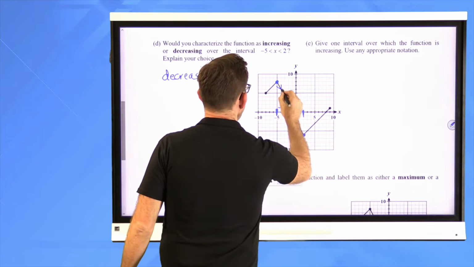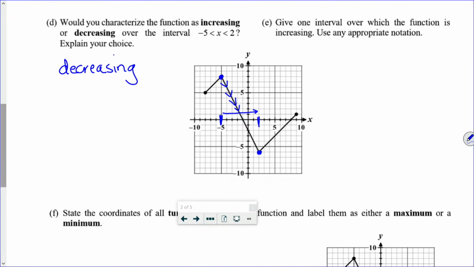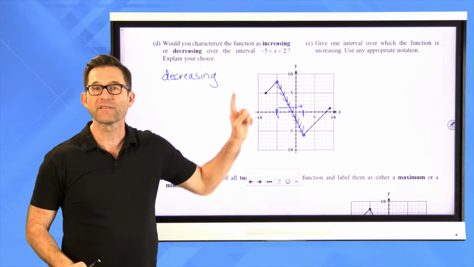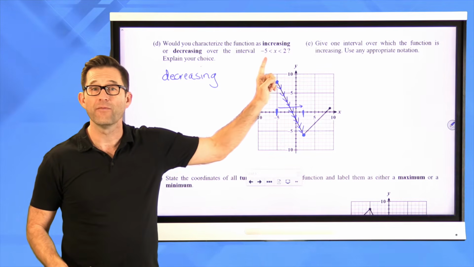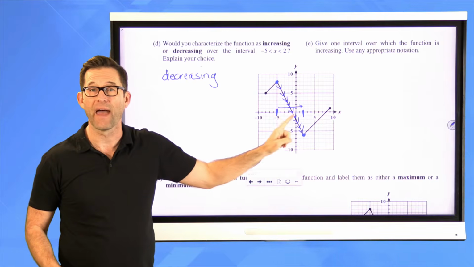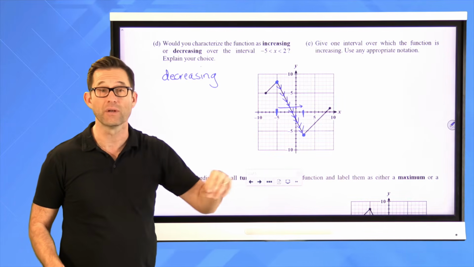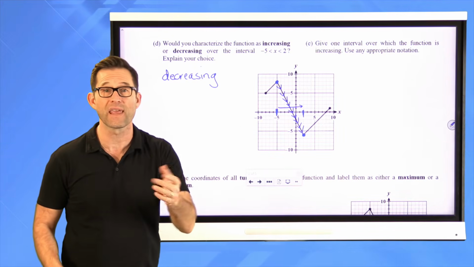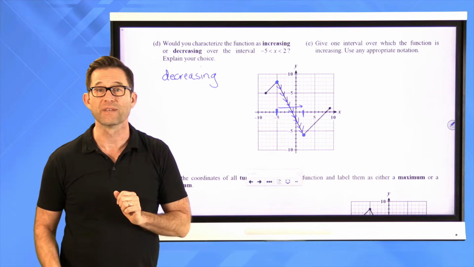In other words, we always want to read a graph from left to right. Okay? So as x goes from -5 to +2, the y values are going down, and therefore the function, which is the y values, the outputs, are decreasing.